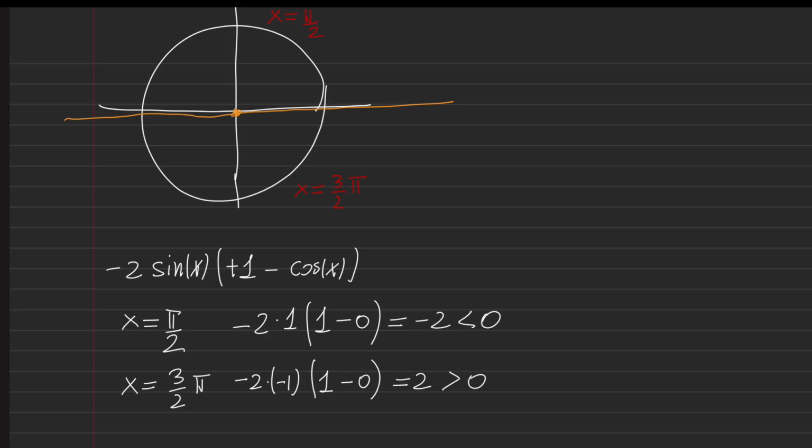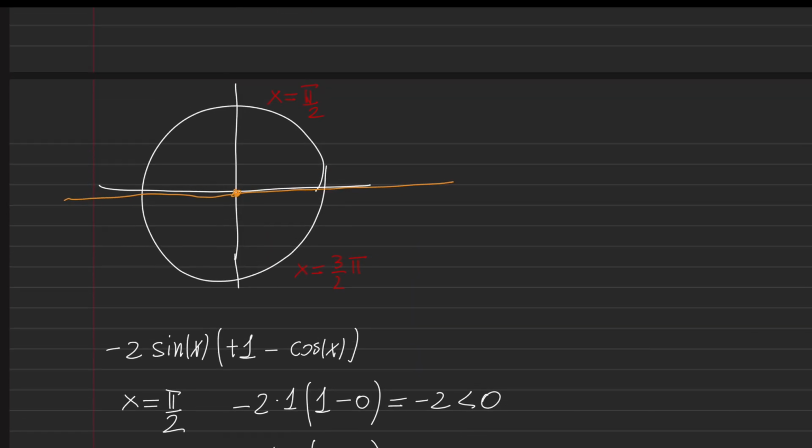Now, what does it mean? Let's go back to the unit circle. It means that up above here, the first derivative is negative, and down below it is positive. So at the point x equal to pi, the first derivative is negative first, and then it goes up, which means that we have a local minimum.